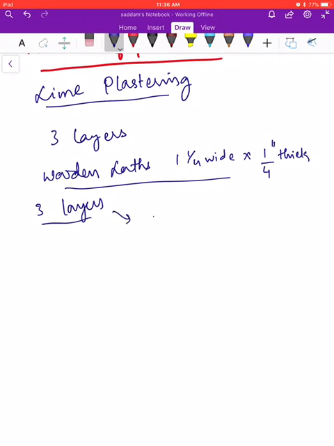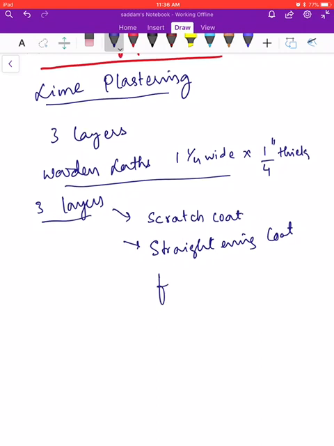First one, what we apply is the scratch coat at the surface, then a straightening coat is applied, and after that the finishing coat is applied at the end. So this is your lime plastering.